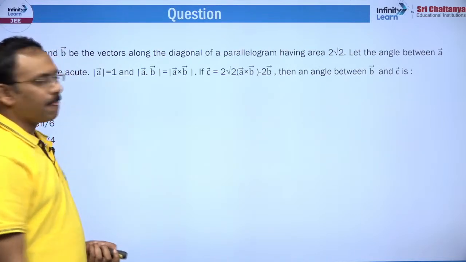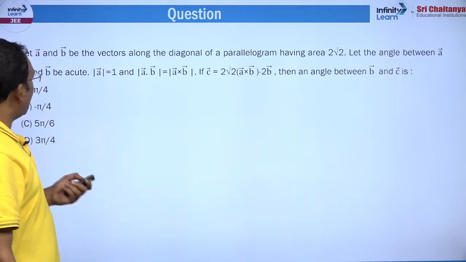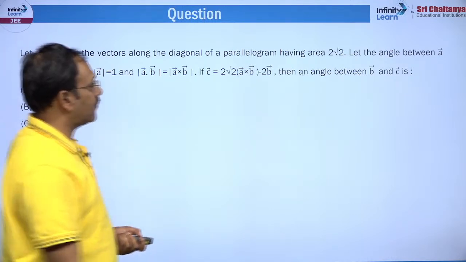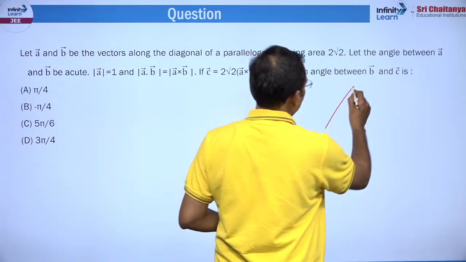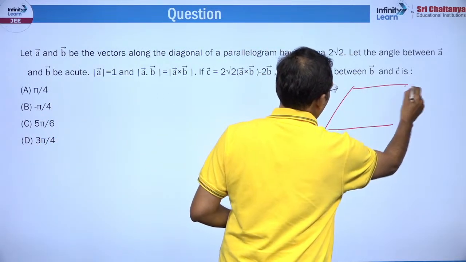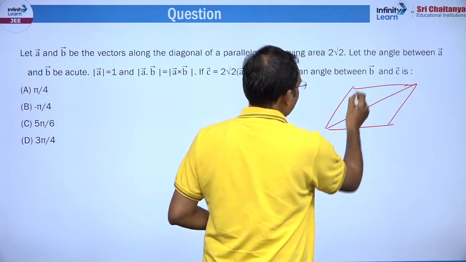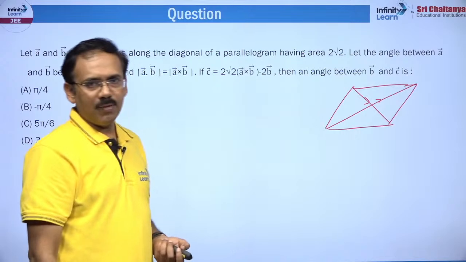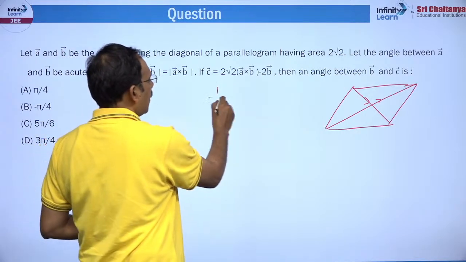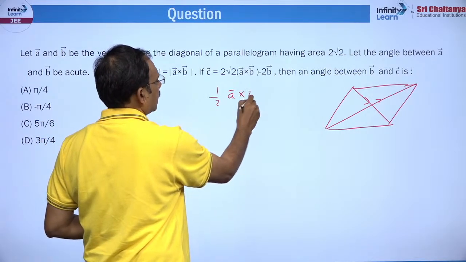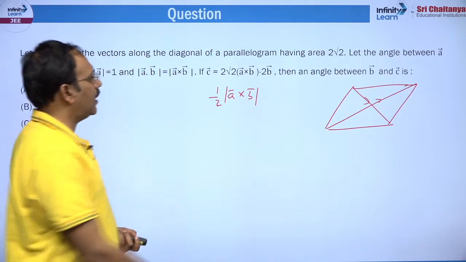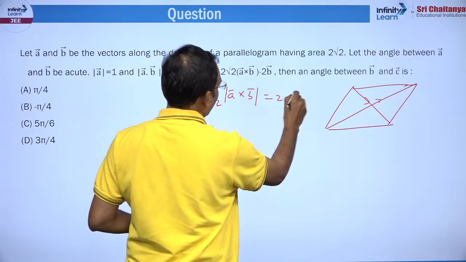So, next my dear friends, a bar, b bar are the two vectors along the diagonals of a parallelogram having area 2 root 2. Suppose, friends, this is a parallelogram, the diagonal vectors are nothing but a bar, b bar. You know, area of a parallelogram when diagonal vectors are given, half magnitude a cross b gives the area, which is 2 root 2, my dear friends.